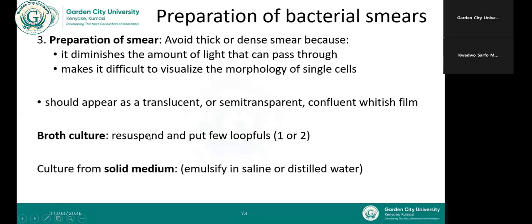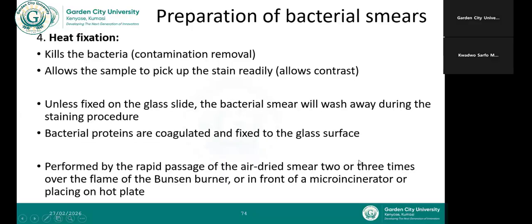So if it's blood culture, you can directly use the blood culture, and then there's no need to emulsify in saline or distilled water because it's already in the liquid state. Or if you incubated in any liquid medium, but if it's from a solid medium, then you pick some colonies that are distinct, and then you emulsify in saline or distilled water, and then you prepare your smear.